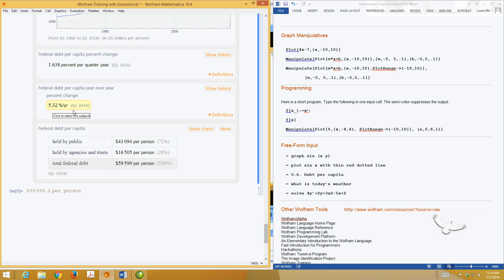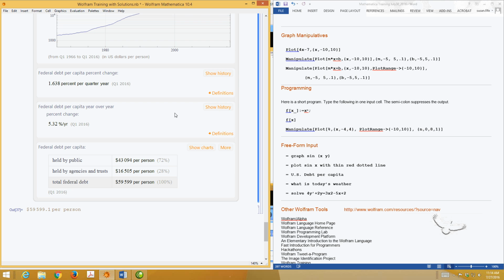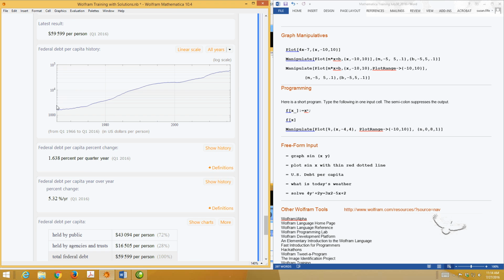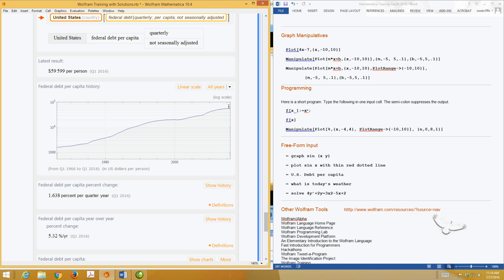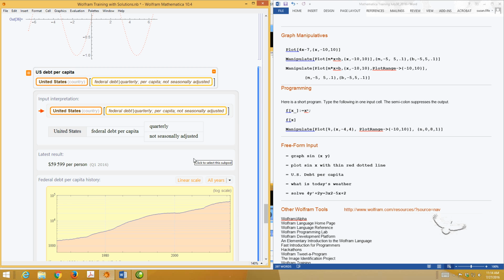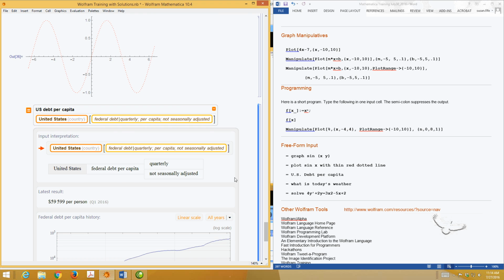Our federal debt per capita changed by 5.3% per year. Anyway, I don't want to really look at that.